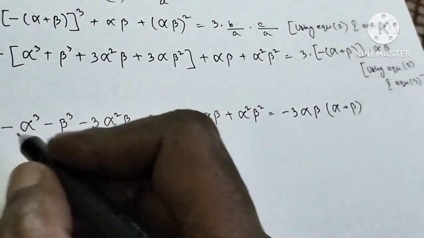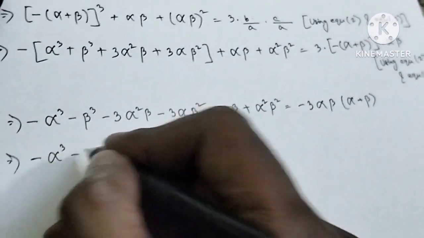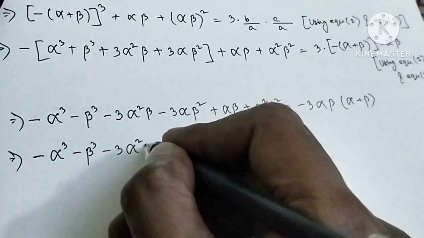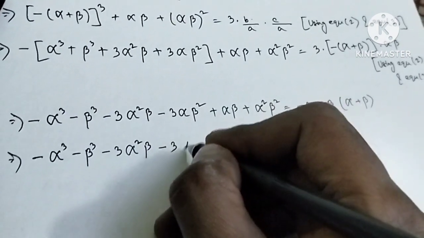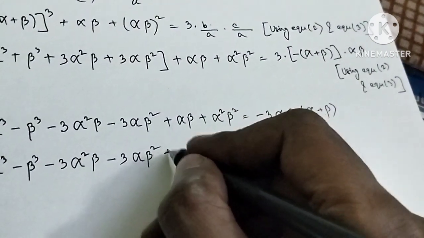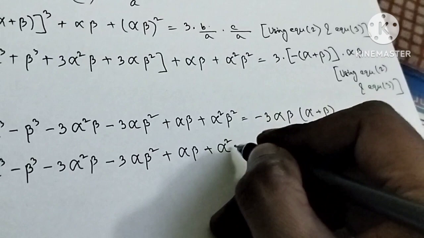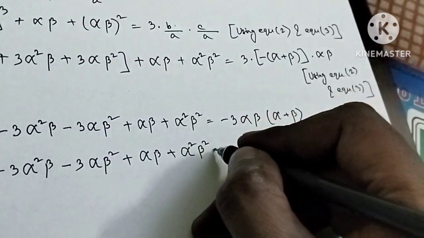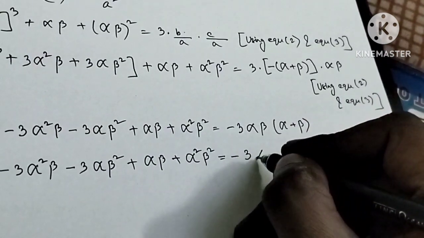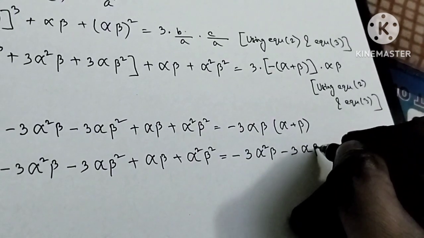So it will be minus alpha cube minus beta cube minus 3 alpha square beta minus 3 alpha beta square plus alpha beta plus alpha square beta square is equal to minus 3 alpha square beta minus 3 alpha beta square.